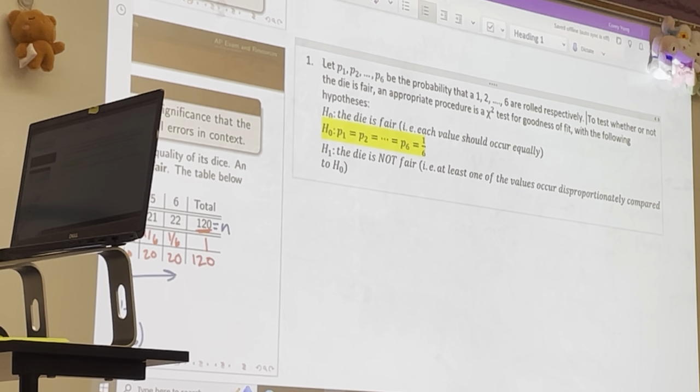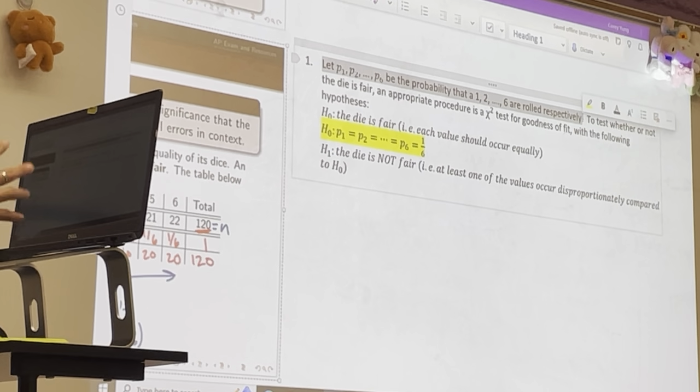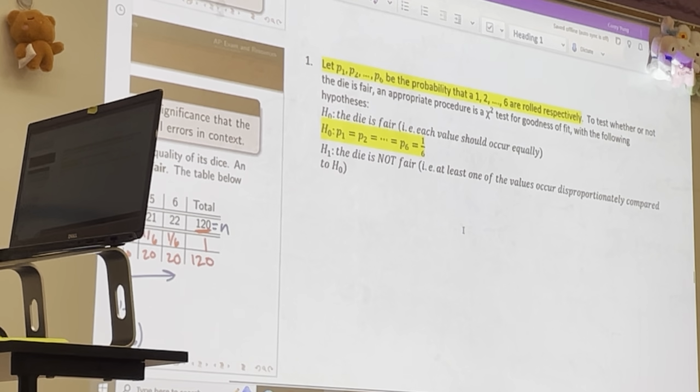Okay, so P1 is the probability that a 1 is rolled. P2 is the probability that a 2 is rolled. Blah blah blah. So if you define what these are from the beginning, then you can state your null hypothesis as P1 is equal to P2. So just know that the part that I'm highlighting in yellow is optional, but if you decide to write it like this, make sure that you define your variables. Okay.